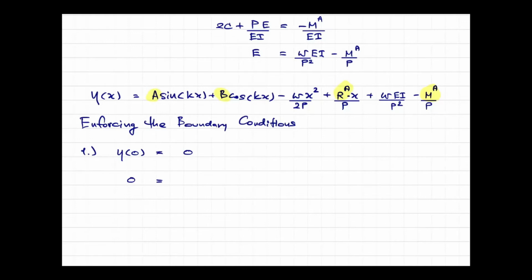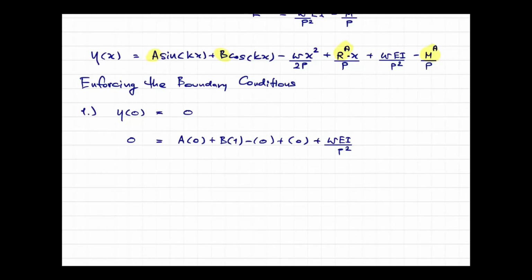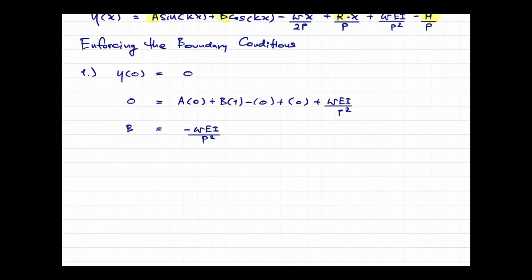So 0 is A times 0 plus B times 1 minus 0 plus 0 and plus WEI over P squared. That makes the B equal to minus WEI over P squared. First condition.